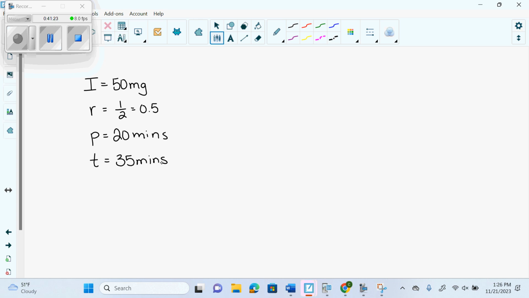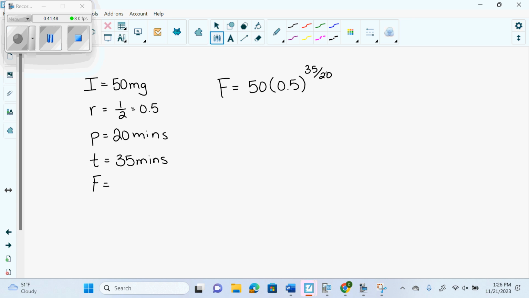What are they making me find? Final. So I have final equals 50 times 0.5 to the T over P, so 35 over 20. Do you think they'll have the oopsie of 20 over 35 on your test if you put them in the wrong spot? They will. Now, is the variable in the exponent?